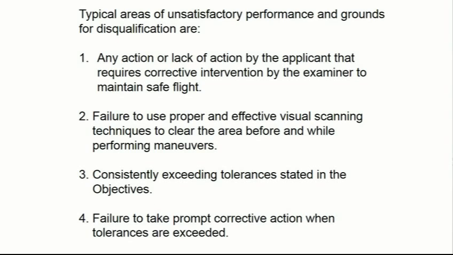4 of them we can find under the heading Typical Areas of Unsatisfactory Performance and Grounds for Disqualification. They are: first, any action or lack of action by the applicant that requires corrective intervention by the examiner to maintain safe flight. Number 2, failure to use proper and effective visual scanning techniques to clear the area before and while performing maneuvers. 3, consistently exceeding tolerances stated in the objective. 4, failure to take prompt corrective action when tolerances are exceeded.